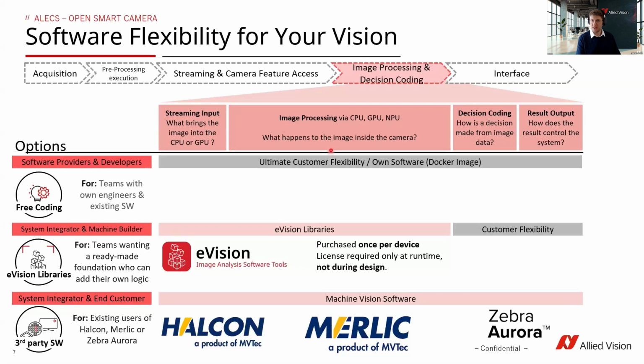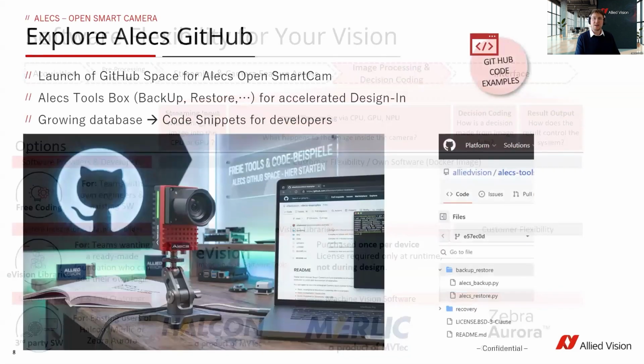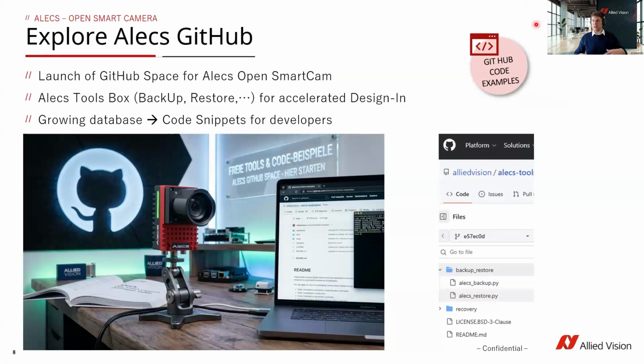So here we're talking really about the customer space. Going also to developers means we need to help as well as we can. So with GitHub, we have a big space of a lot of code, and we decided from Alecs Vision to launch a GitHub space especially for Alecs code. As an open platform, we also want to show some code examples, how to control the lights on the sidebar or on the top, or when you want to have a rainbow coloring.